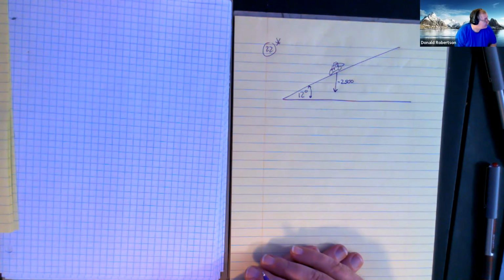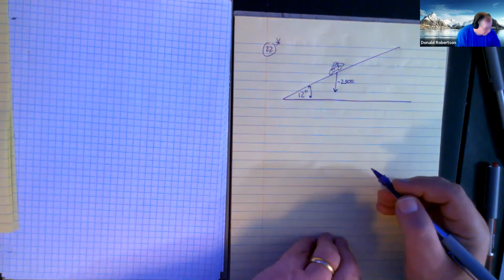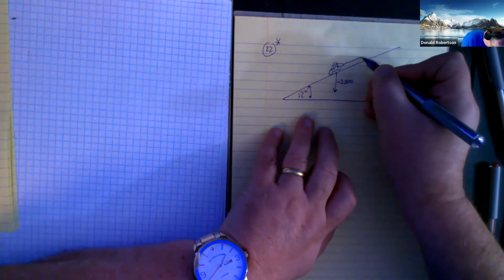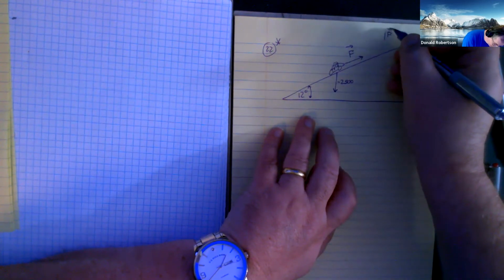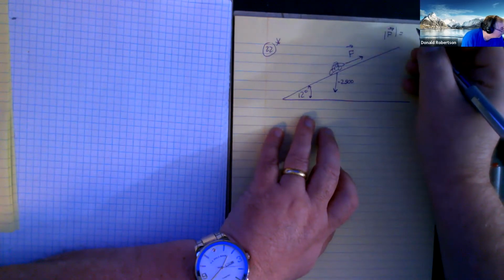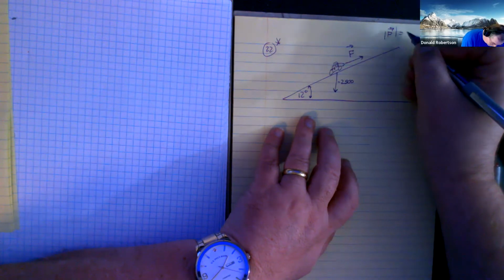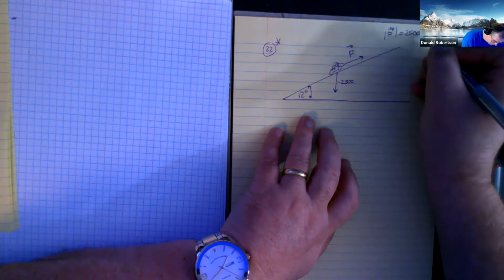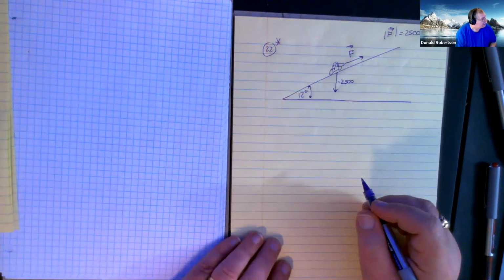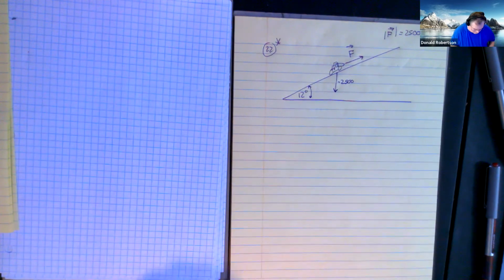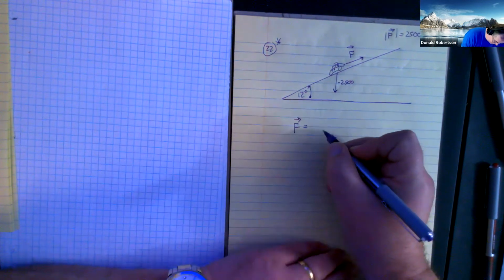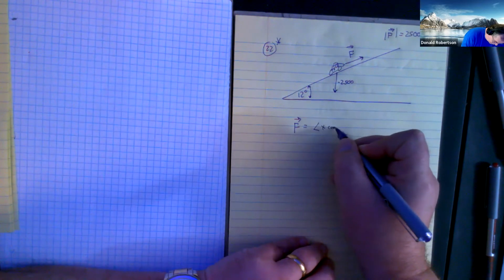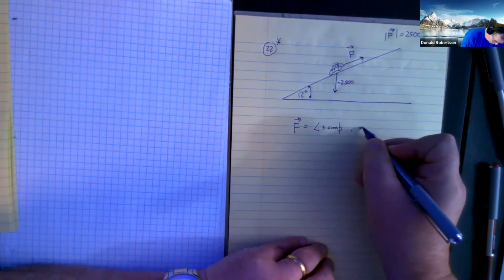And the car weighs, what does it weigh? 2,500 pounds. So if you imagine the force vector being this way, the magnitude of this force then is 2,500 pounds. Right. So what do we know here? Well, let's find the vector F. It's going to have an x component and a y component.